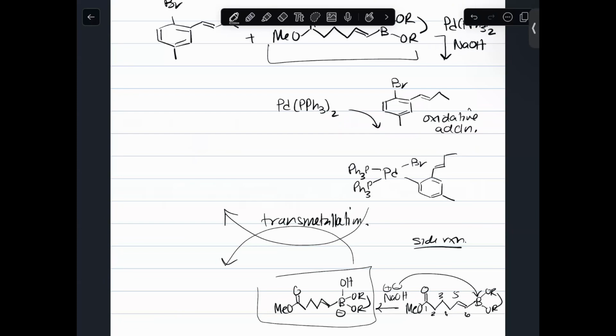Just like before, once we do the transmetallation, they're exchanging substituents. And so my boron now has my bromine, and my palladium now has both vinyl groups.